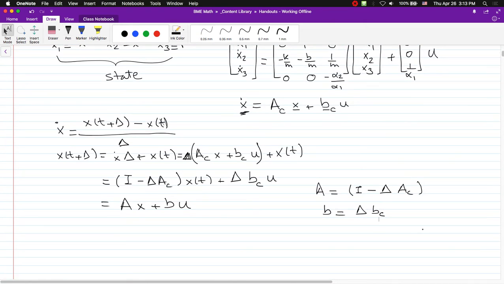So all I've done so far is to write the dynamics of the system in discrete mode. Okay. Do you have any questions about that? What I did? So x dot is x at some time in the future minus current x divided by time delta. So from this, I can write x at time t in the future as a function of current state x and input u.